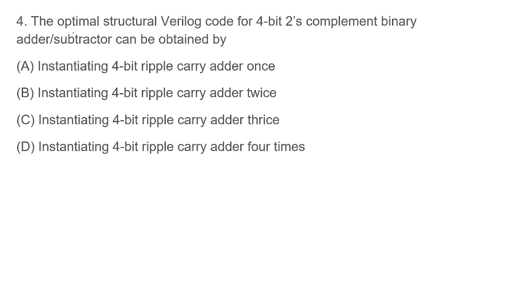And then the optimal structural Verilog code for a 4-bit 2's complement binary adder subtractor can be obtained by instantiating. So in the adder subtractor module, how many times did we instantiate the 4-bit ripple carry adder? Twice.